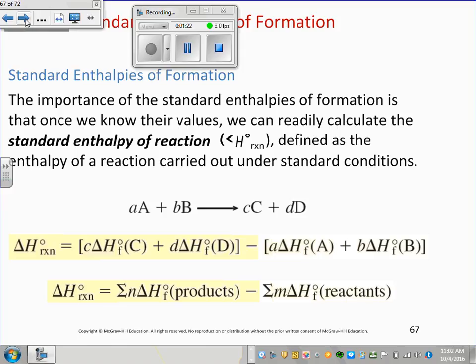So once we know what the standard enthalpies are, we can calculate the standard enthalpy of a reaction. Again, that should be delta H with a superscript of the reaction. So if we look at this reaction, aA plus bB goes to cC plus dD, where the little letters are the coefficients.